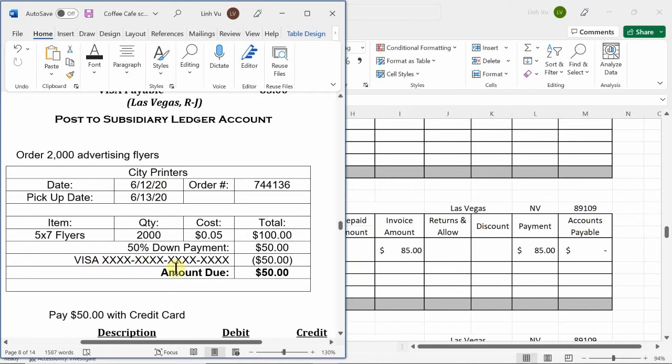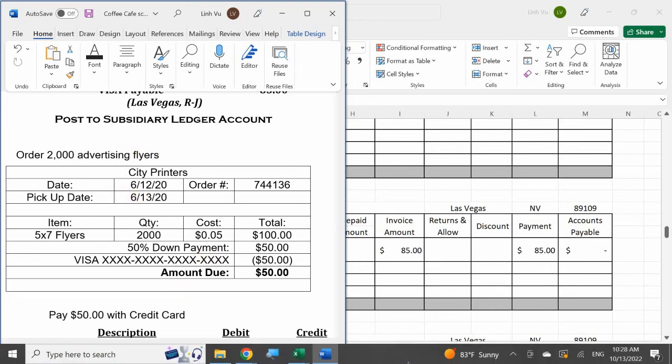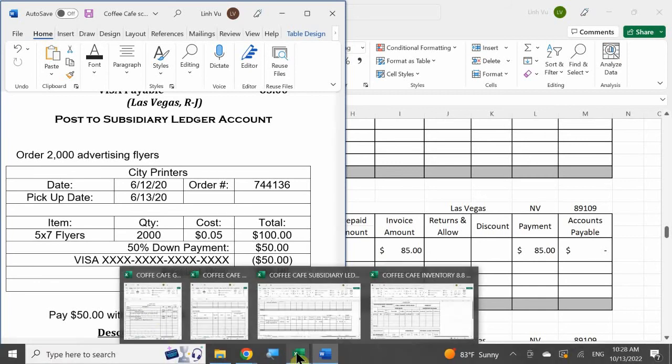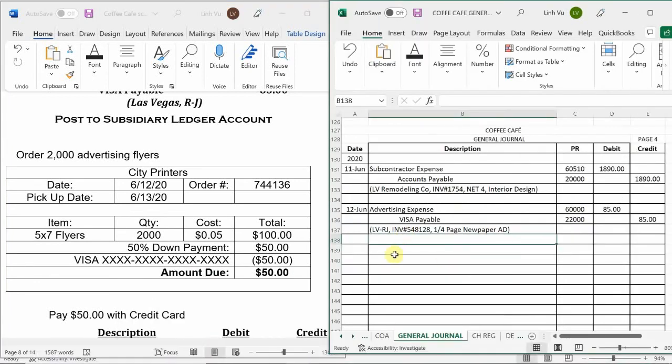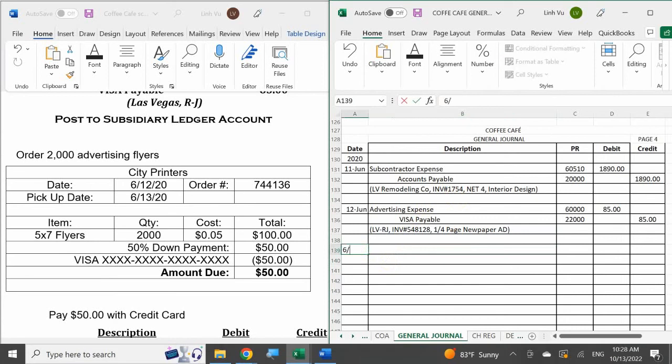It was a down payment that we had to pay to secure our order because we don't pick it up until tomorrow. So it was a prepaid expense? Prepaid account, because that's what we use for down payments. We used a prepaid account, because we're making a down payment.